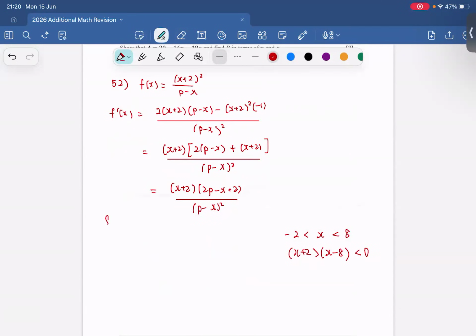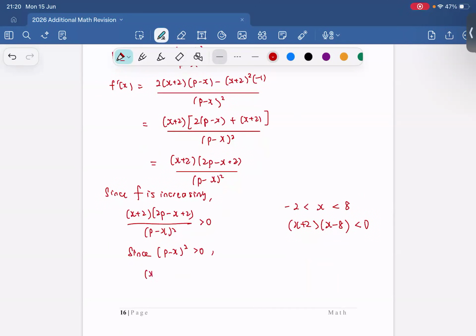The question says since f is increasing, I will know that this must be more than 0. Because the denominator is positive, and if I want the whole fraction to be positive, then the numerator must also be positive.